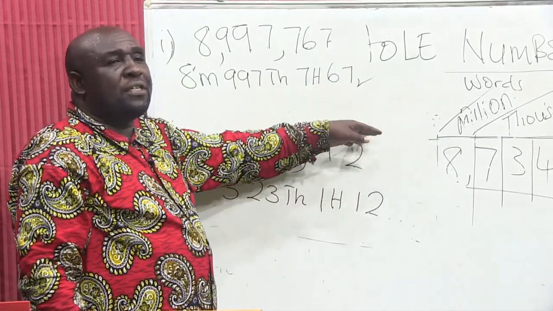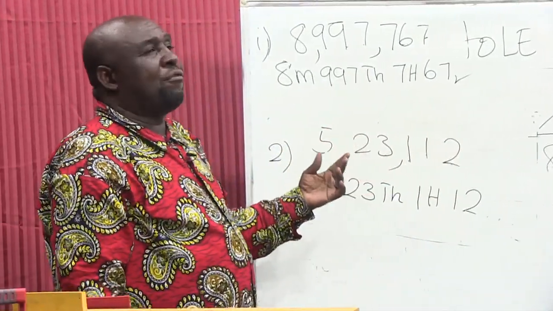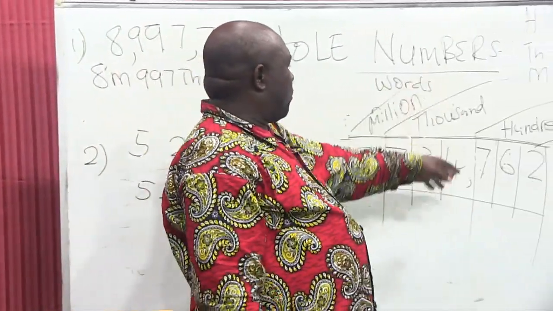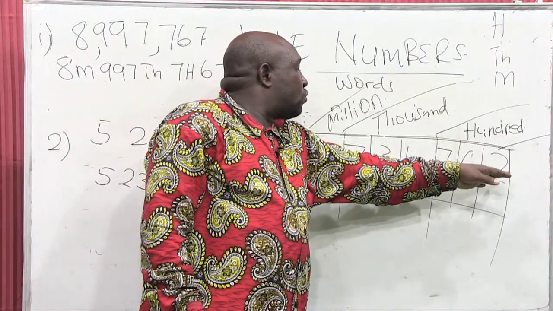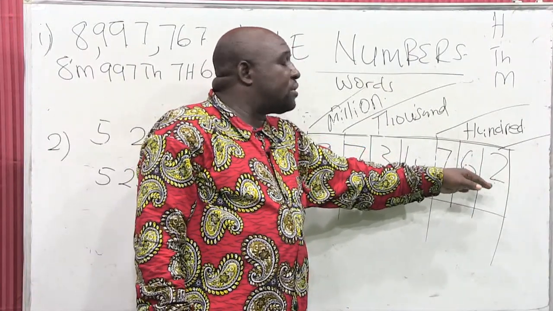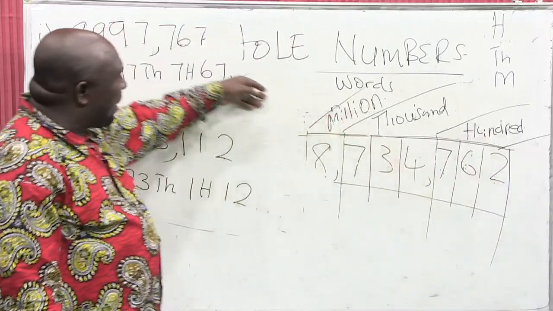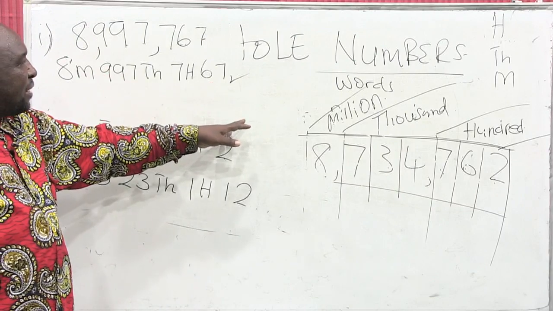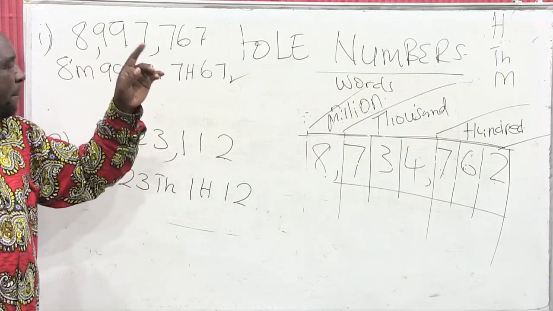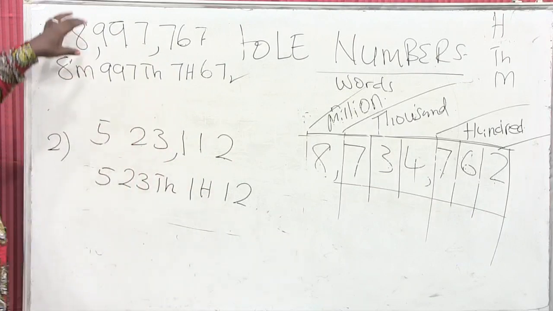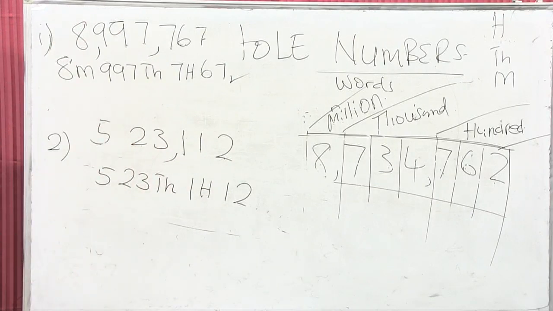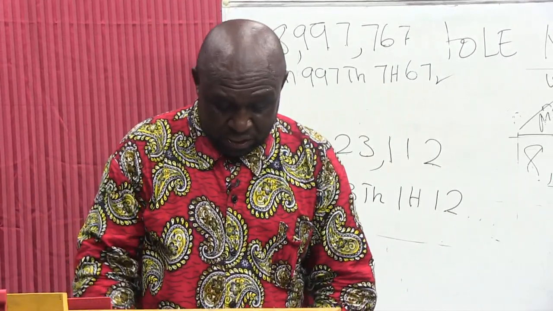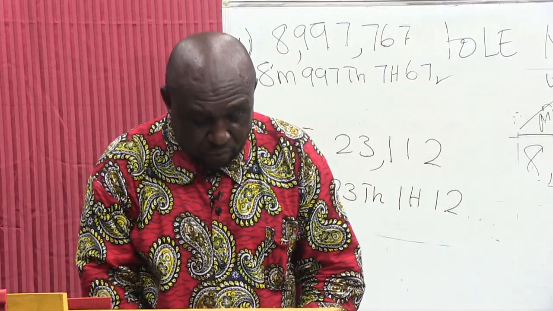The higher period may have less number of digits, less than 3, but the lower periods always must have 3, or sometimes 2 in lower classes. But in upper classes, grade 5, 6, 7, the concept of periods helps us to read the number when given that number in numerals.